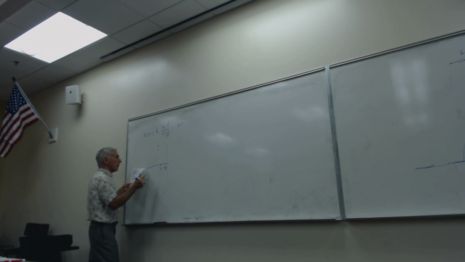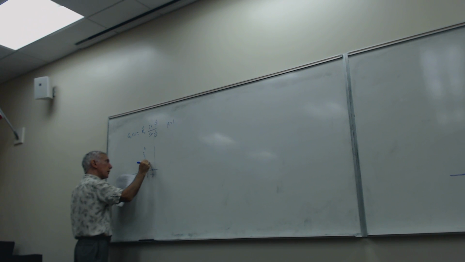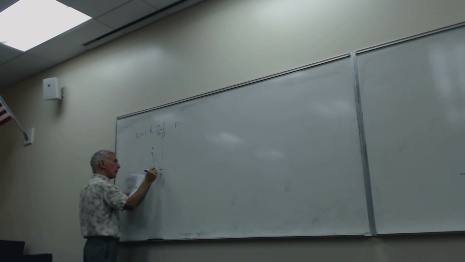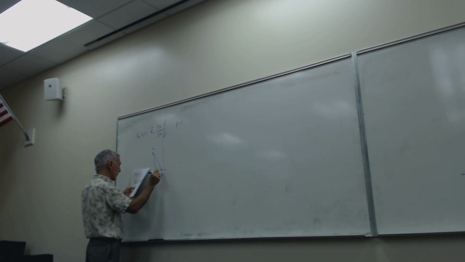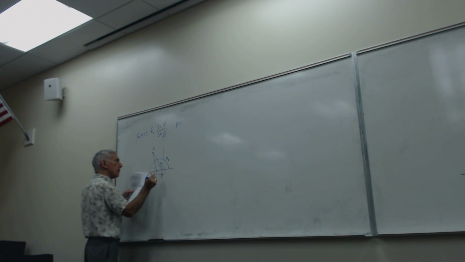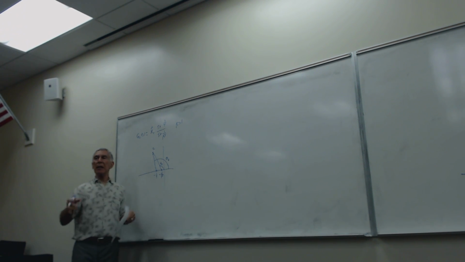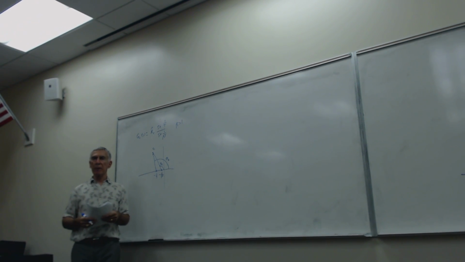We can draw a vector from each of these, the zero and the pole, and we have this angle theta sub z for the zero, and this one is theta sub p. Notice that theta sub z is less than theta sub p.